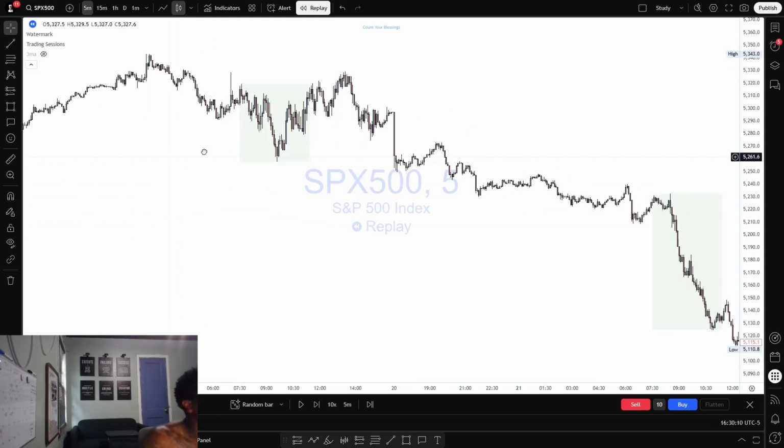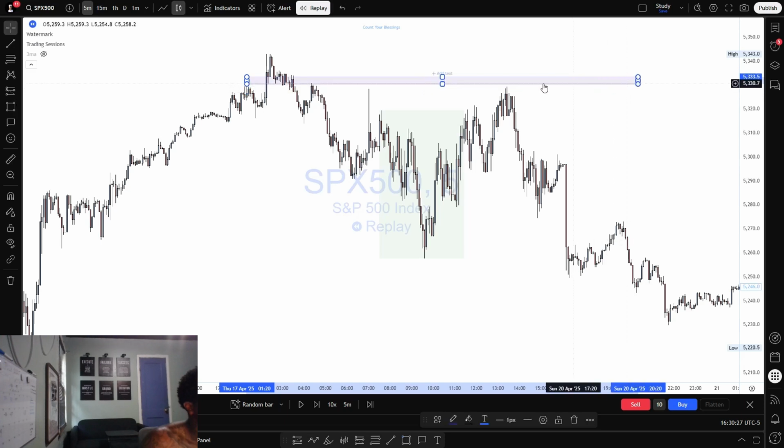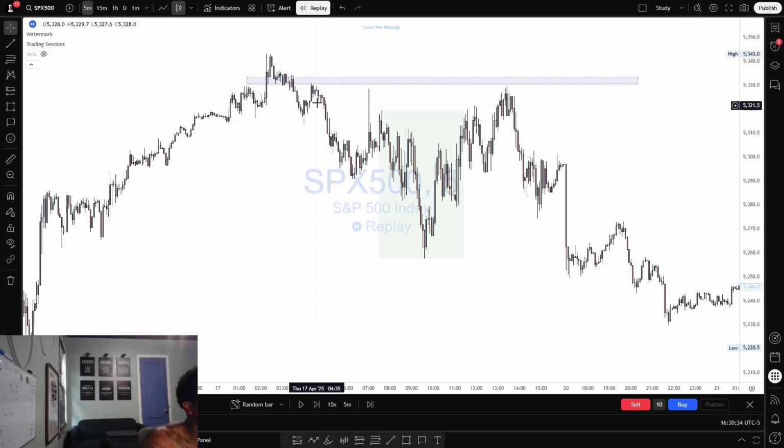So you'll be looking for one that, this is it here. Let's see. Came pretty close to it. Didn't touch it. Came close to it again. Didn't touch it.